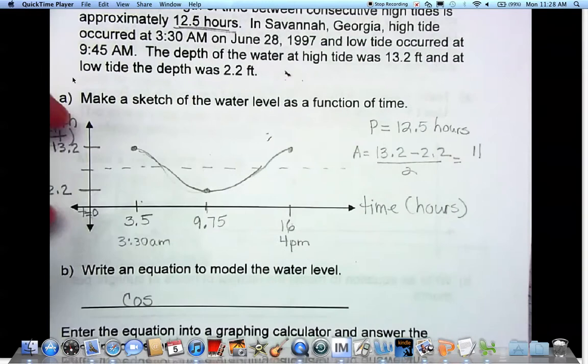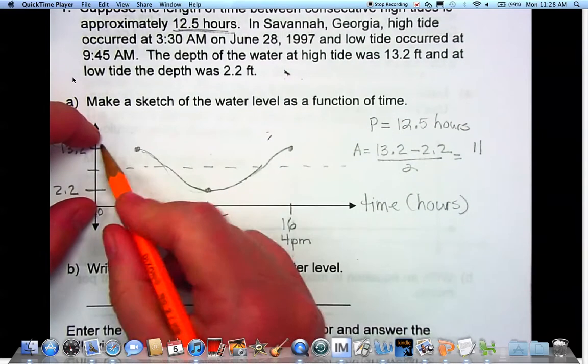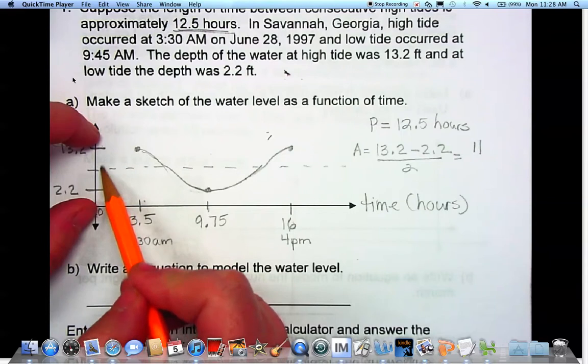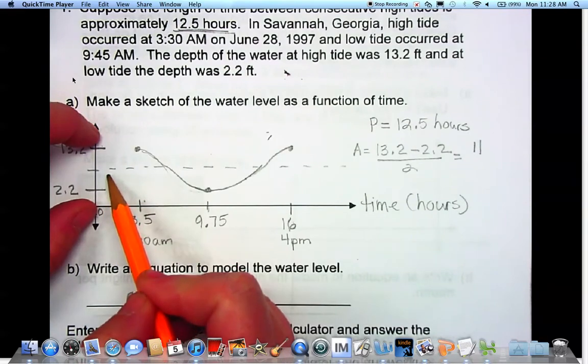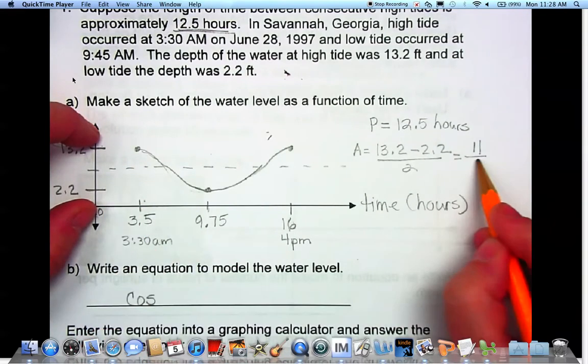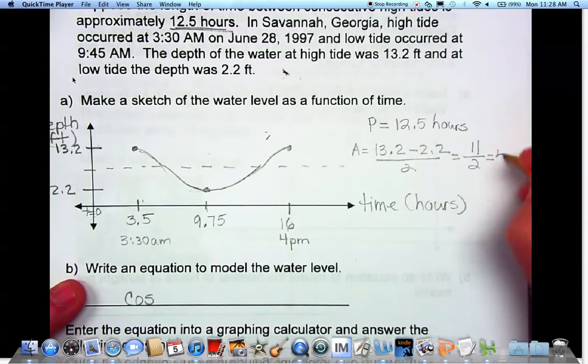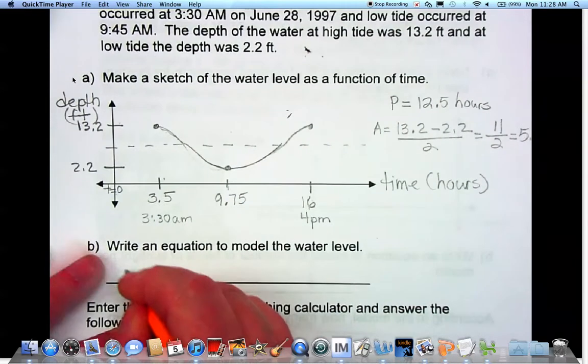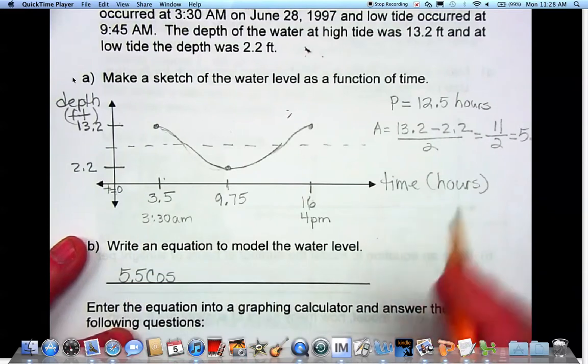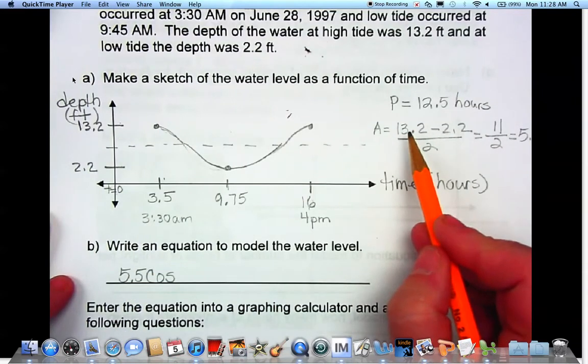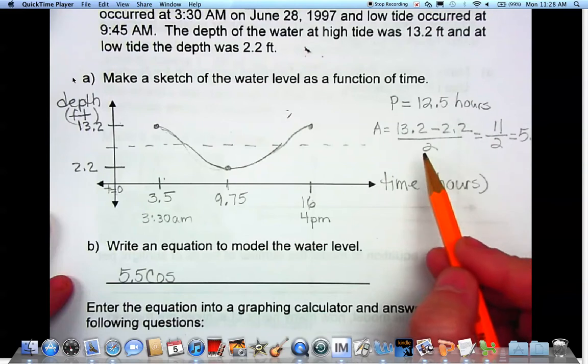Okay, that's the distance from the minimum to the maximum, but our amplitude is only halfway. So half of 11 is 5.5. So that's your amplitude, if you subtract your maximum minus your minimum divided by 2.